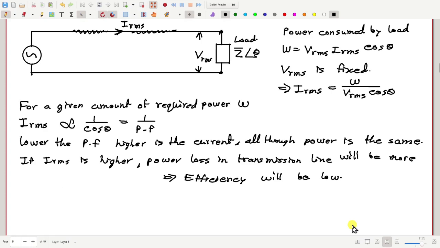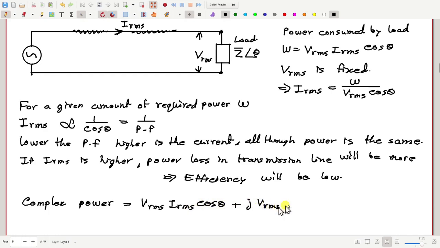Now, another thing to notice is that complex power, which is equal to V RMS I RMS cos theta plus j into V RMS I RMS sin theta. Okay, the first part being the active power, and the second part is the reactive power.